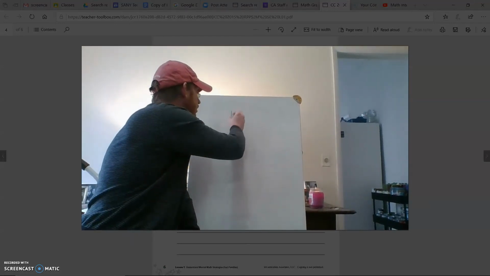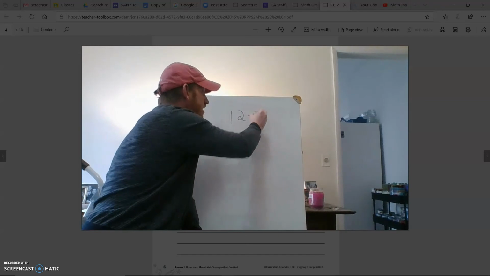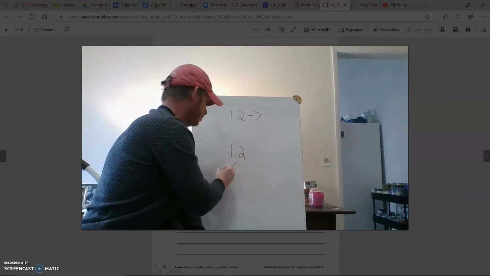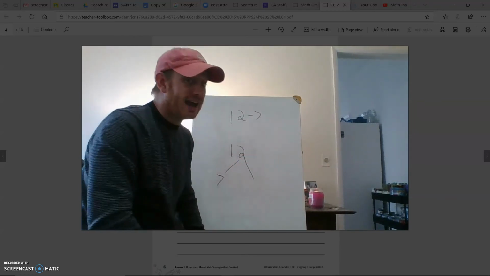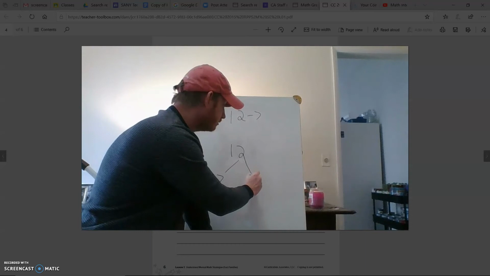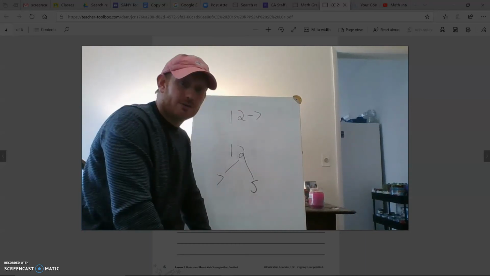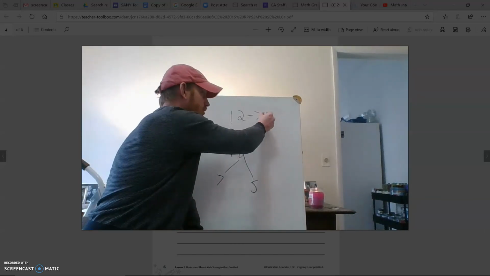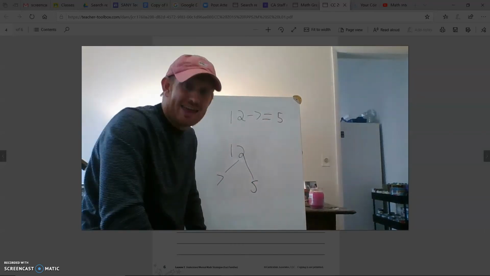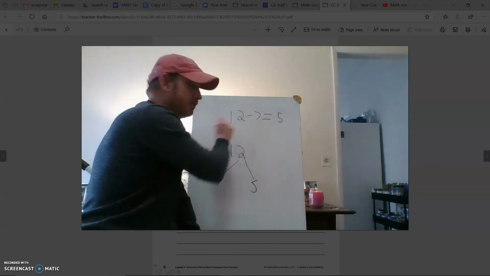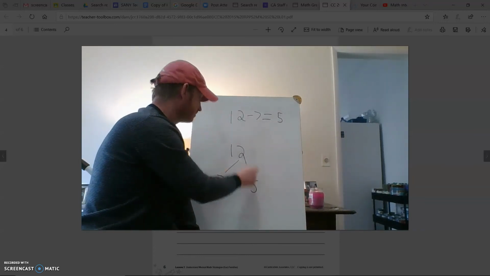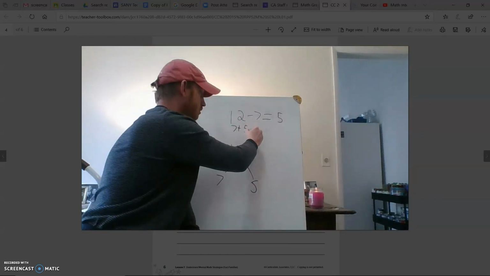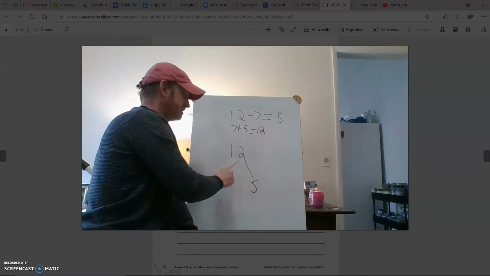So, 12 minus 7, make my number bond, 12, 7, and now because I know my math facts, I already know that this is 5. If you need to use the counting method, that's okay too. And then, using this, I know that our addition equation is 7 plus 5. Or 5 plus 7.